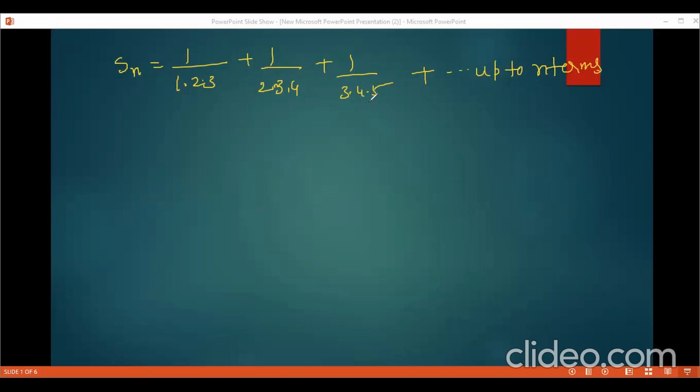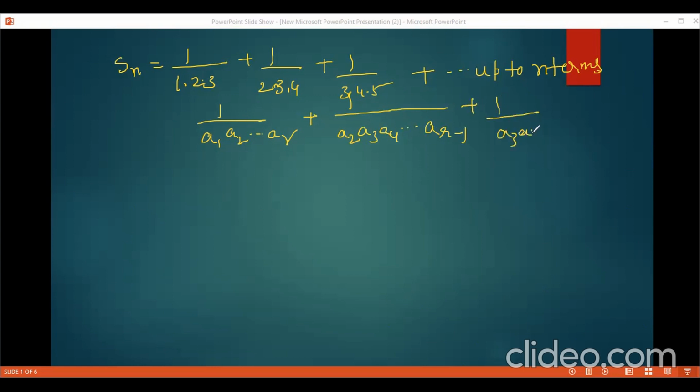So, comparing this problem with our general form, what is our a1, a2, so on, ar? Plus 1 by a2, a3, a4, so on, a(r plus 1), plus 1 by a3, a4, a5, so on, a(r plus 2).